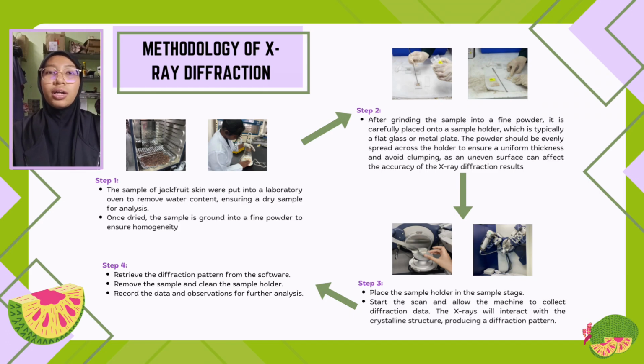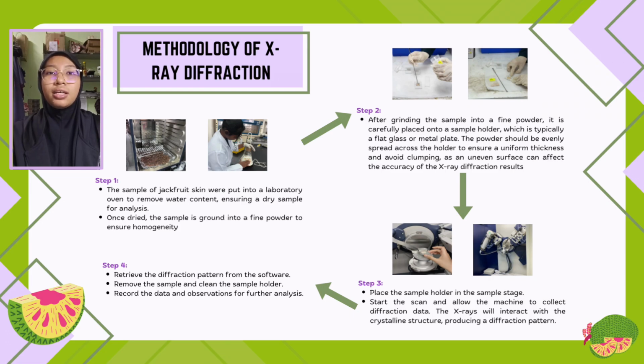Step 2. After grinding, the powdered sample is carefully placed onto a sample holder, usually a flat glass or metal plate. The powder is then evenly spread across the holder to create a uniform thickness. This step is crucial because an uneven surface can affect the accuracy of the diffraction results.